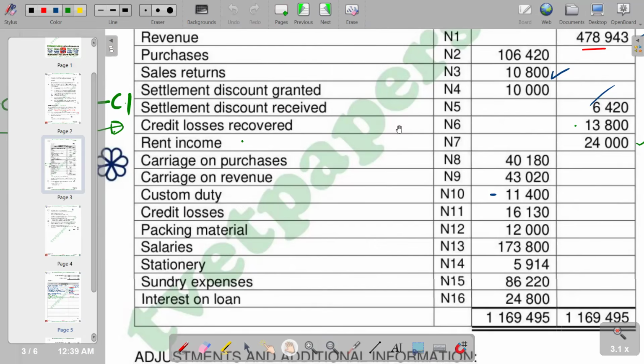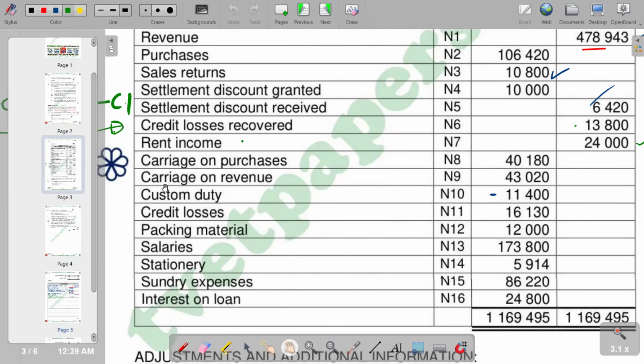So it means the other 6 months is not yet received, which is also supposed to be 24,000 again for the second half of the year. So we are saying we have got the outstanding rent income to be received. So basically, we are saying it's an accrued income, and we are supposed to add it.